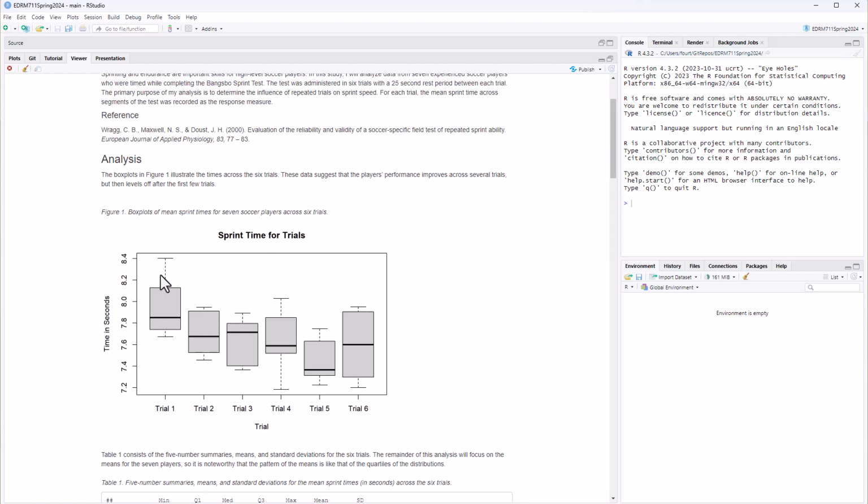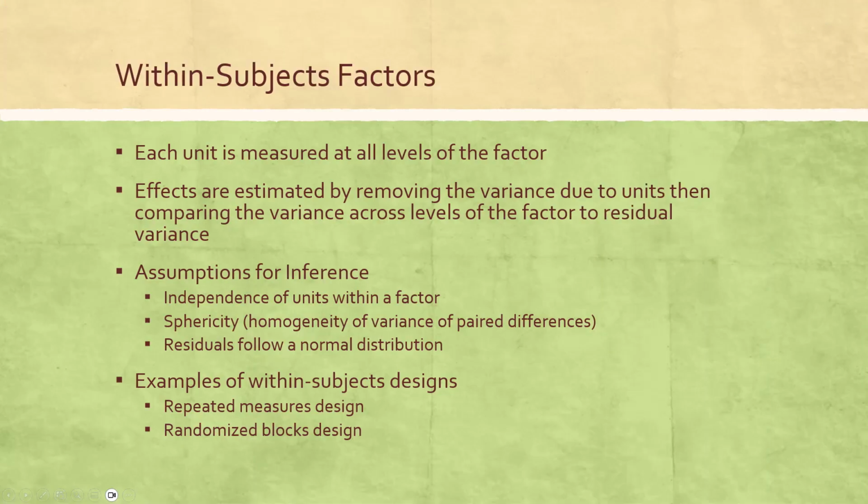So the first box plot is all participants at trial 1. The second box plot is the times of all participants at trial 2, and so forth, all the way to trial 6. So each unit is measured at all levels of the factor.